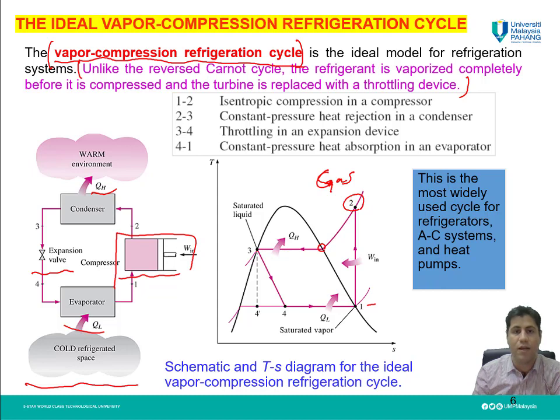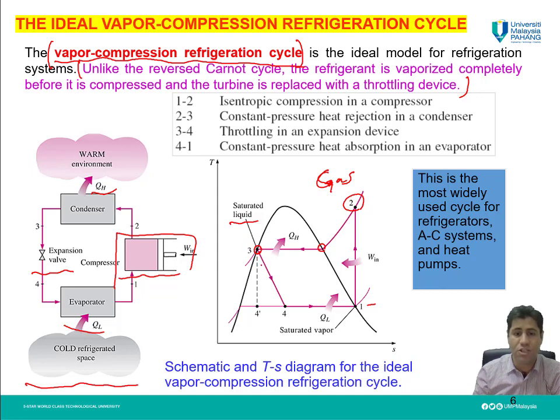Finally, in an ideal condenser at state 3, we have only saturated liquid. From superheated to saturated liquid, phase change is what happens in the condenser, and QH is released to the environment.